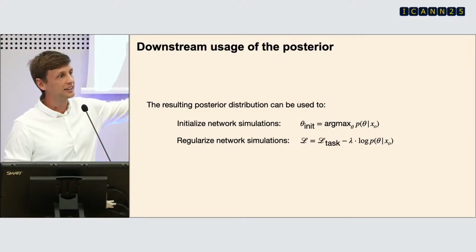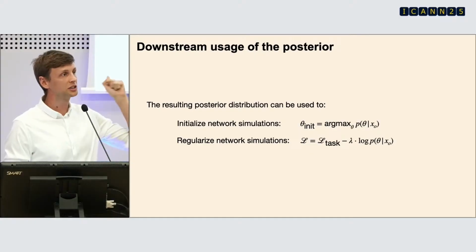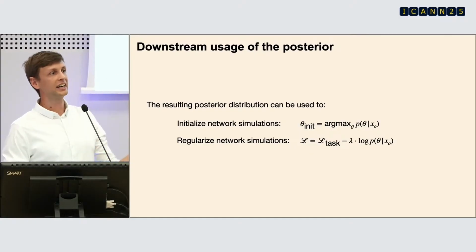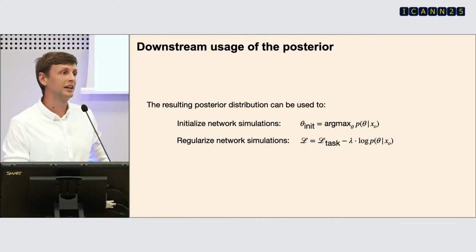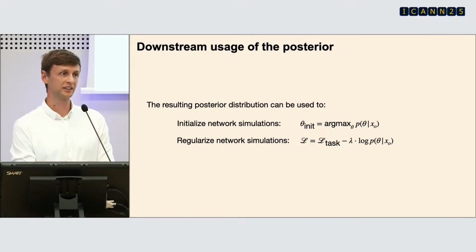And in addition, a nice property of neural posterior estimation is that it returns a posterior which can also be evaluated at any kind of parameter set. And this we could use, for example, to regularize network simulations such that if we optimize the entire network, the activity doesn't go vastly outside of what we know from these single cell measurements.